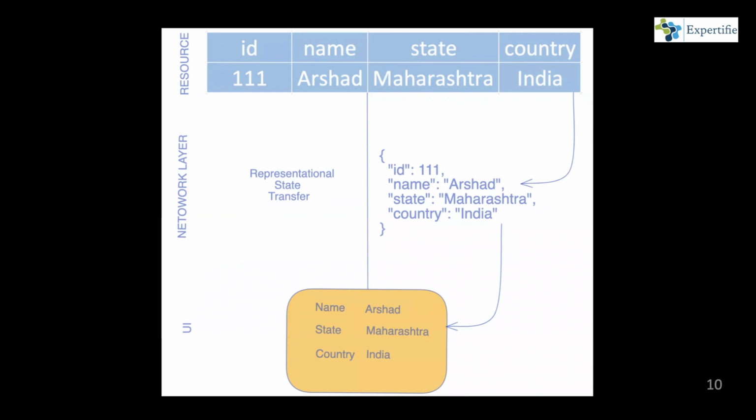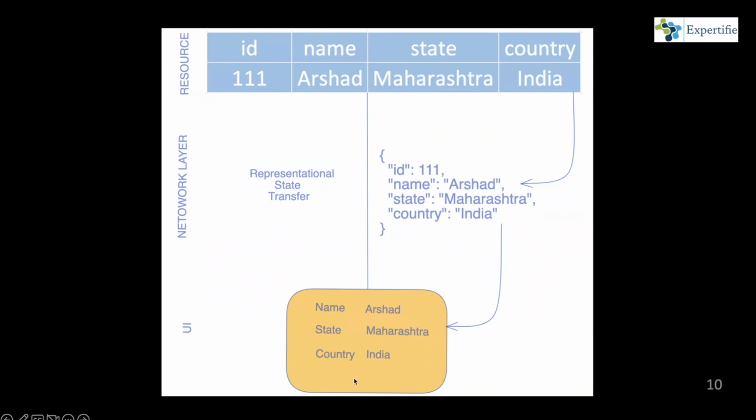From the DB, we transfer that to the UI via the network layer. In the network layer, let's say we are passing this information in JSON format, and in the UI we are displaying only a subset. The ID is not displayed. I mean, it's not required, right?